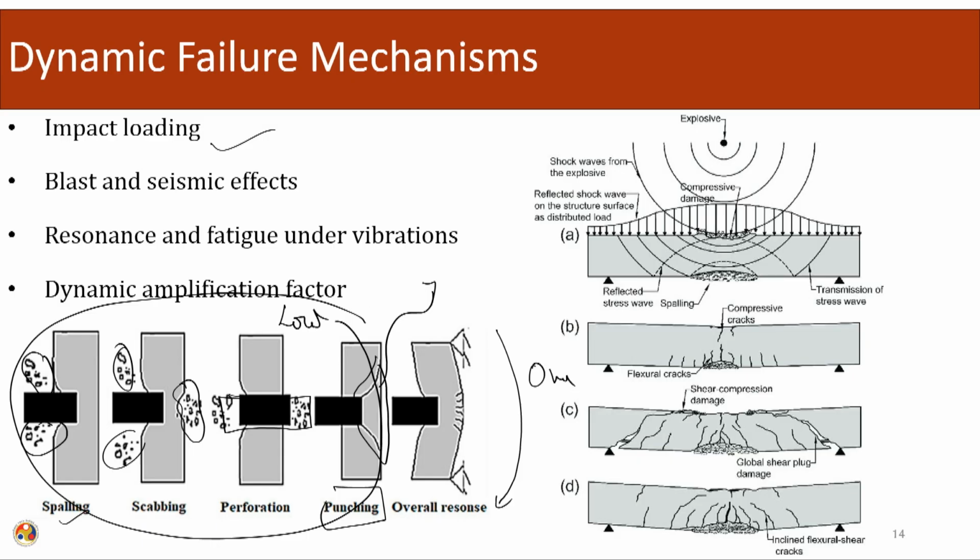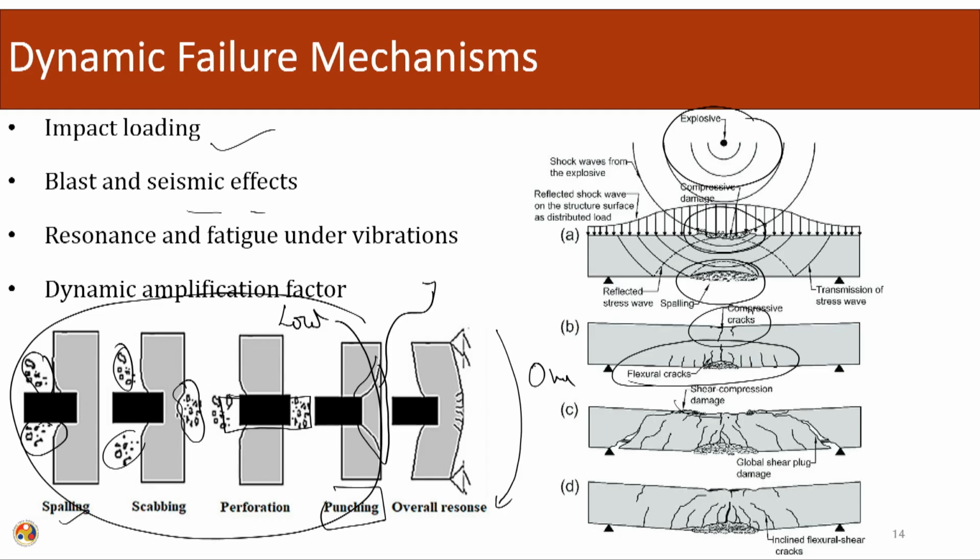So, due to the impact loading, this type of failure will occur, and due to the blast and the seismic loading, a case of blast loading is shown, where spalling is occurring in the outer face, and in the inner face there is compressive damage, compressive cracks have formed, and on the other face the flexural cracks have formed due to the tensile failure.